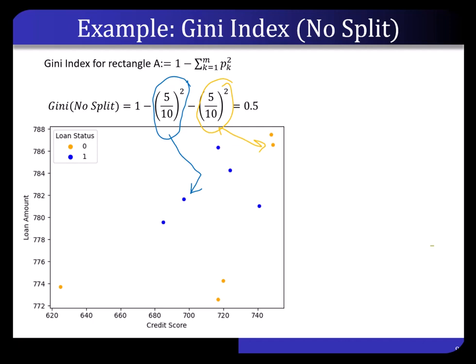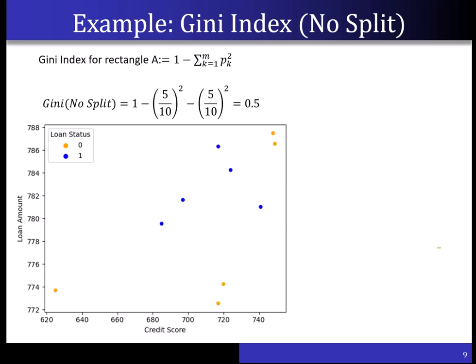A Gini index of 0 represents a perfectly pure node where all elements belong to a single class, making it an ideal target in creating splits. Decision trees aim to minimize the Gini index at each step, leading to the most significant decrease in impurity, which ideally results in a more accurate and generalized model.